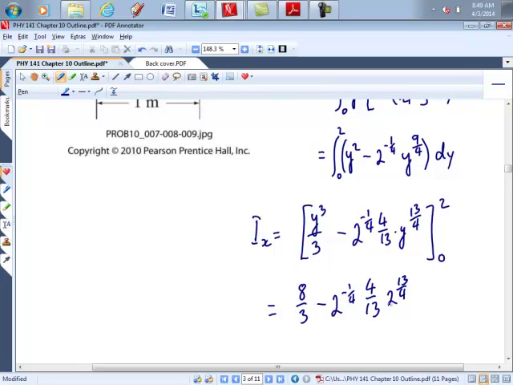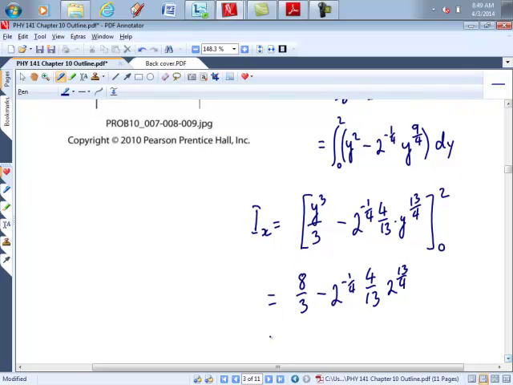So the 13 over 4 and the minus 1/4 would bring that to 12 over 4, which is just going to be 3. So 2 to the 3 is 8. 8 over 3 minus 8 times 4 is 32 over 13. Or you can just plug it into your calculator.